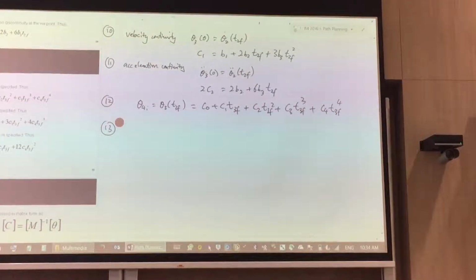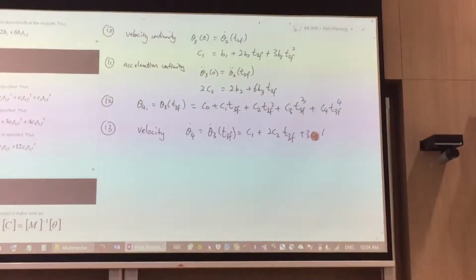13th boundary condition relates to the velocity of that final point. That is, theta dot 4 must be equal to theta dot 3 at t3f. So that will give us c1 plus 2c2 t3f plus 3c3 t3f squared plus 4c4 t3f cubed.